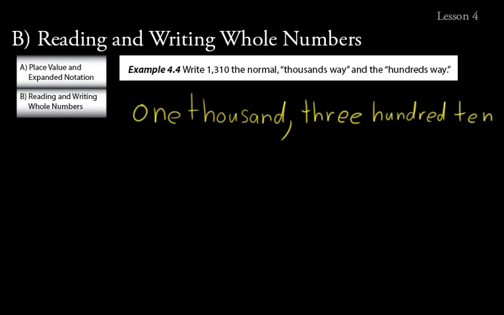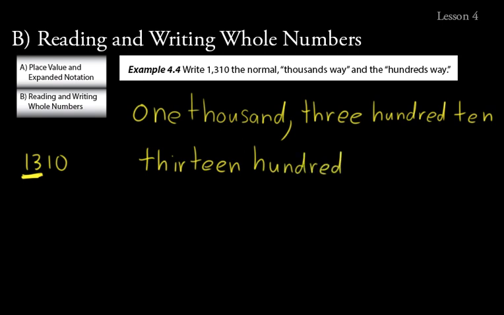Now, the hundreds way, we remove that comma and we just think of it as this 1310 and we look at that. That's 13, right? 1300. 13 hundred bills would be 1,300, right? 1,310.